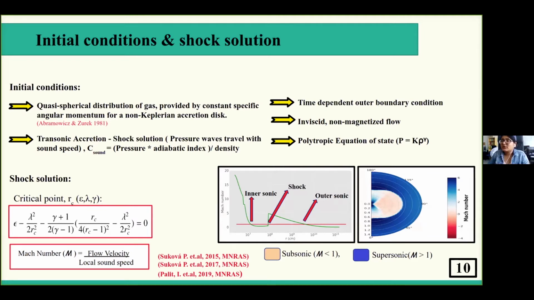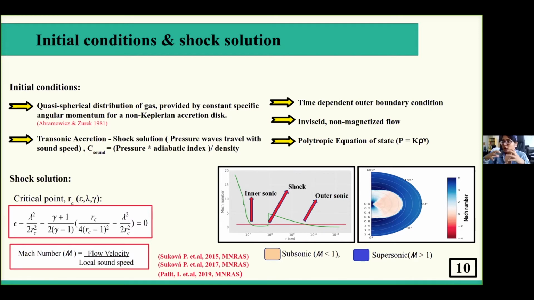Now, let me try to explain the shock with the help of a figure. So we have a hot supersonic flow, the blue one, entering into the black hole. Close to the horizon, matter starts feeling a centrifugal barrier, and along with the pressure waves, matter virtually stops, causing a shock in the flow.